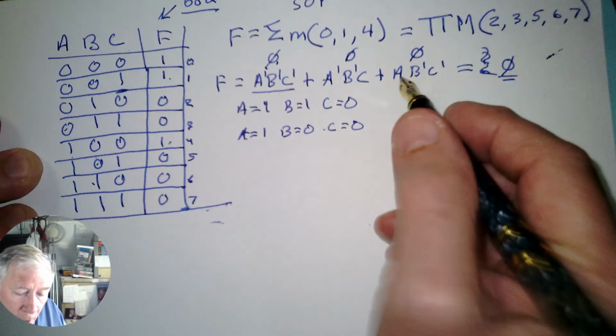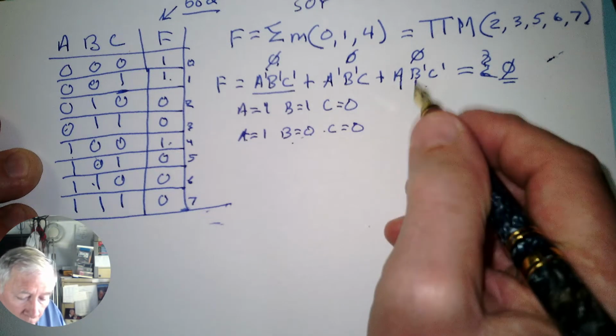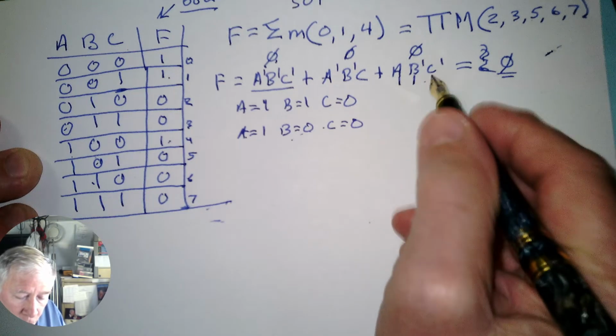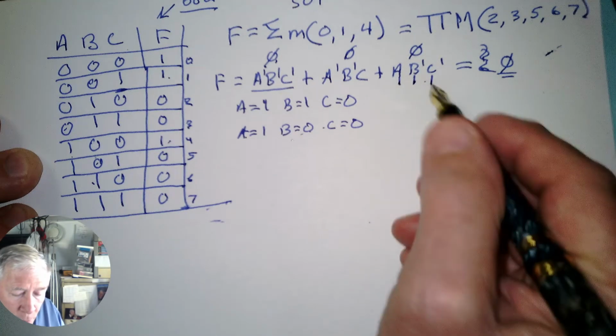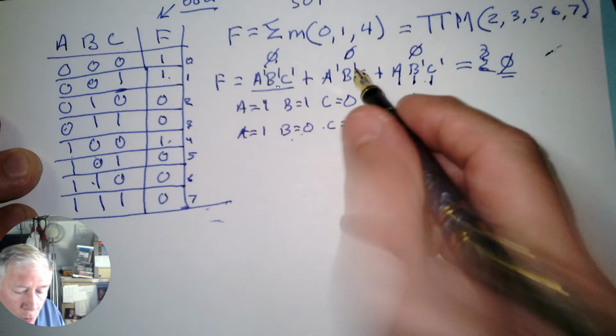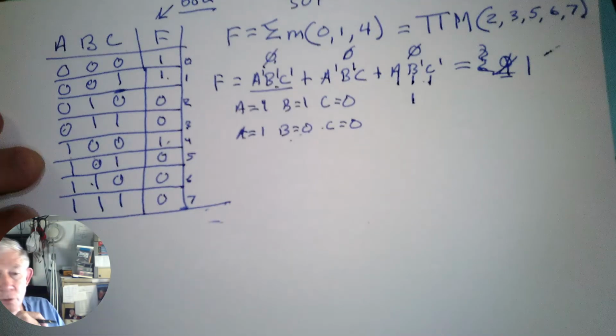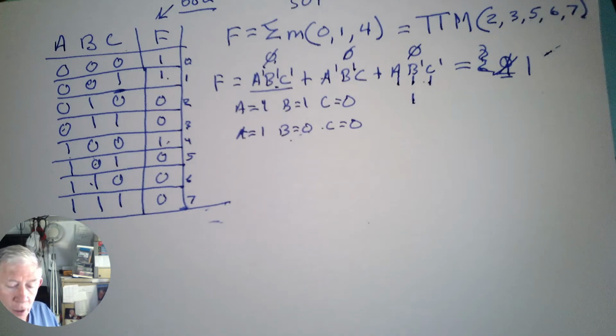How about here? A is 1, B is 0, so B prime would be 1, and C is 0, so C prime would be 1. So that's 1 ANDed with 1 ANDed with 1 equals 1. And 0 ORed with 0 ORed with 1 is 1. So it does give the right answer for that row.